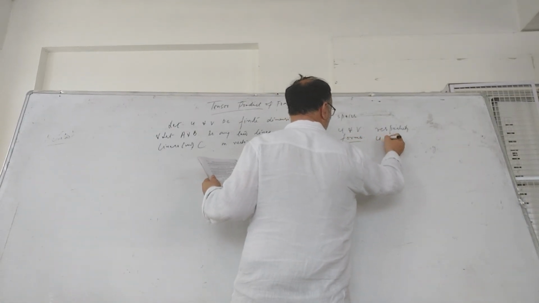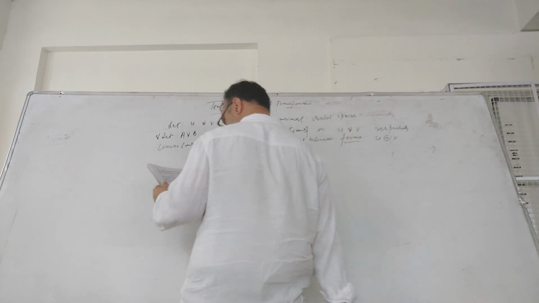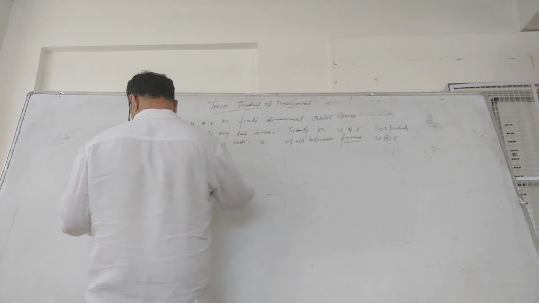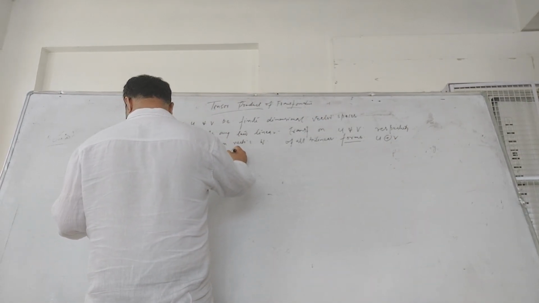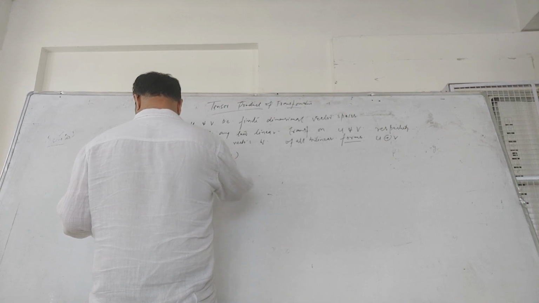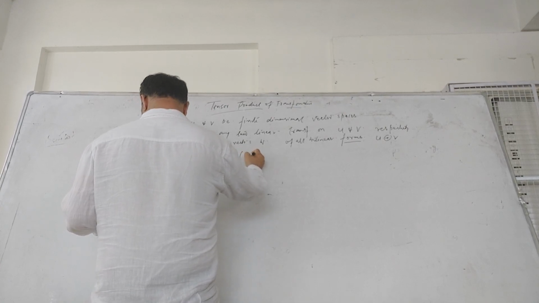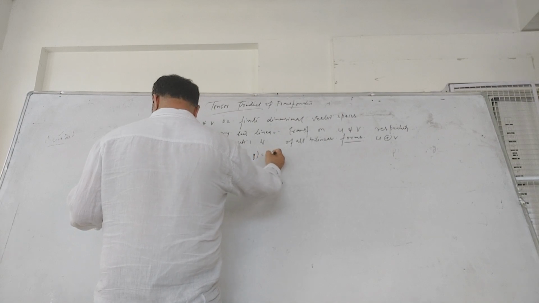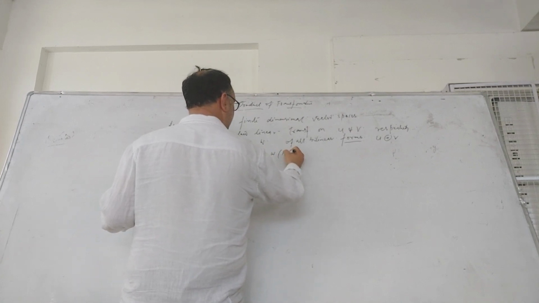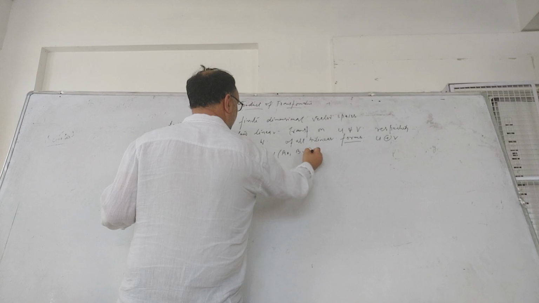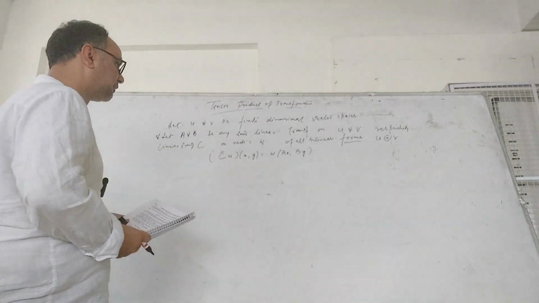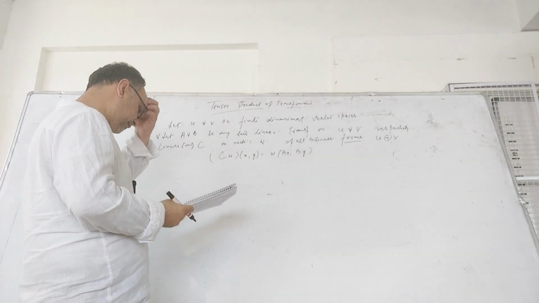So we can write C of X, Y as AX and BY, which are the scalars associated with this.